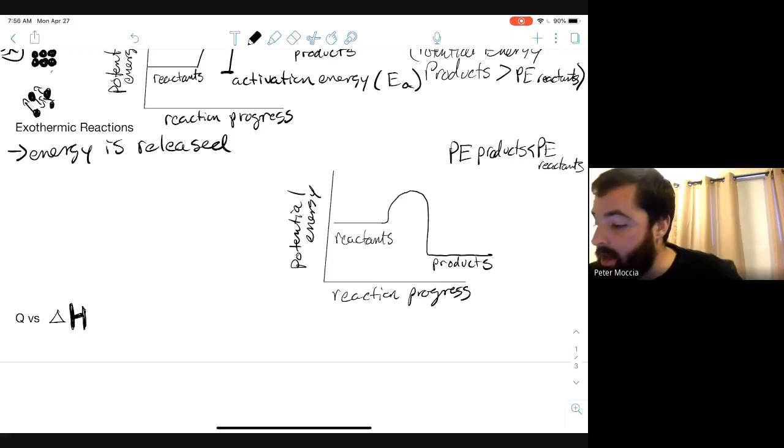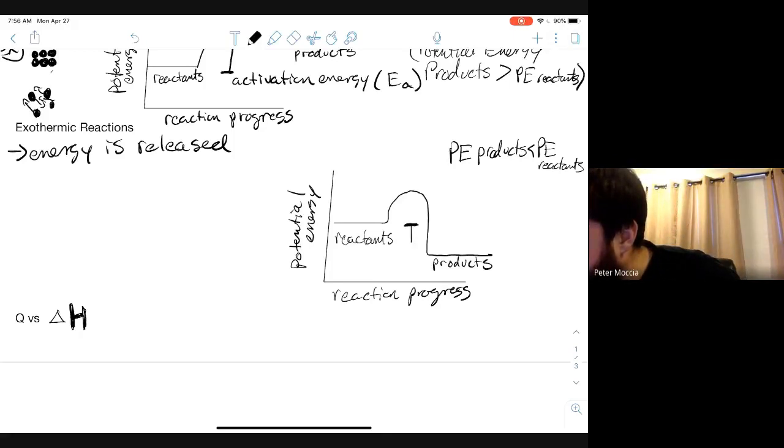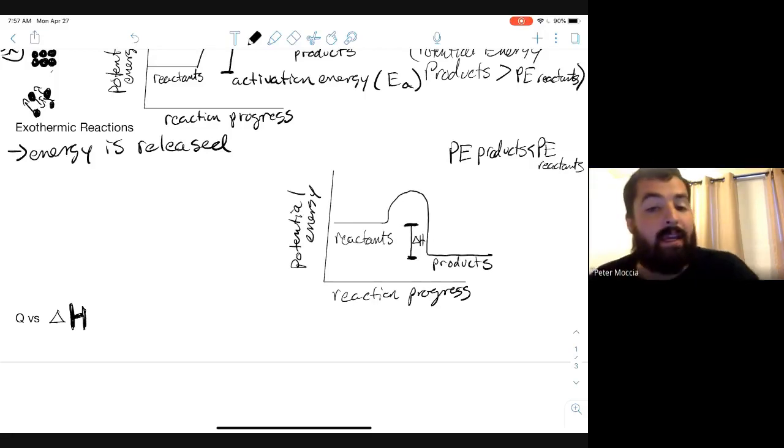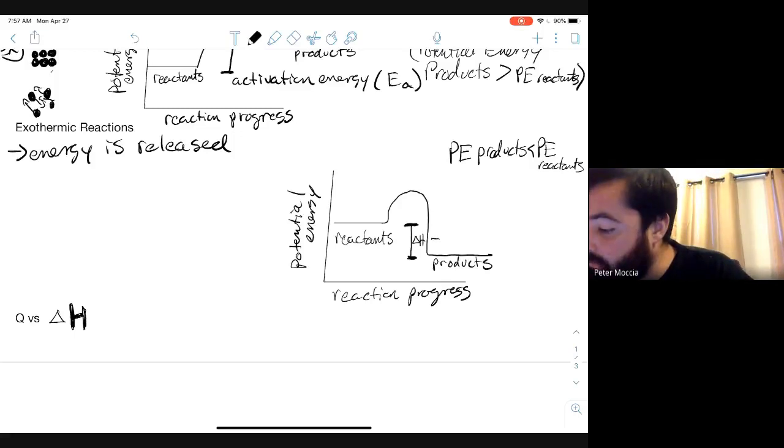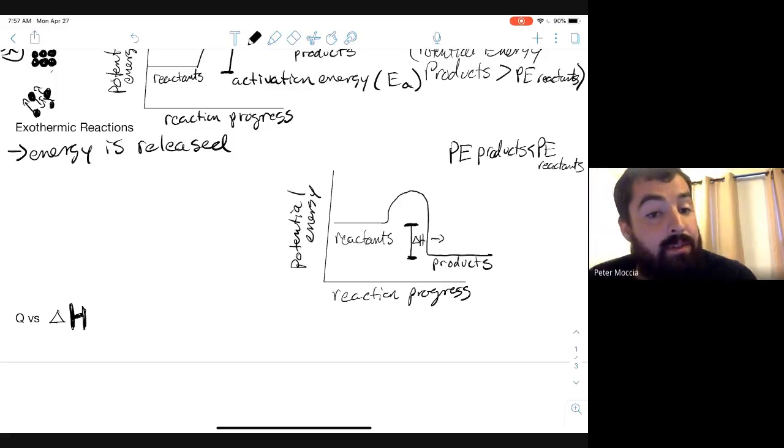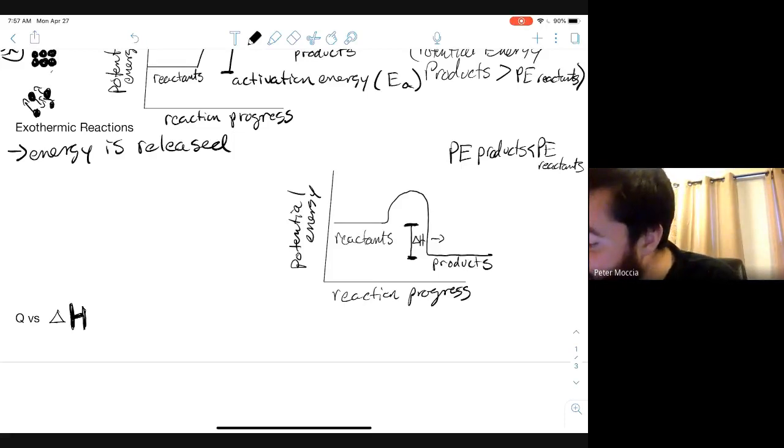Okay, and this right here, from right here to right here, where we see the difference in energy between the products and the reactants, that's called delta H. Okay, the change in enthalpy, that's the difference. And in an exothermic reaction, the difference in energy is negative.